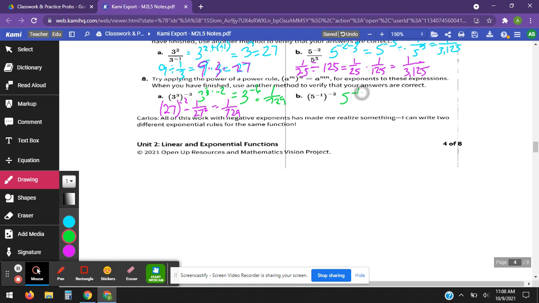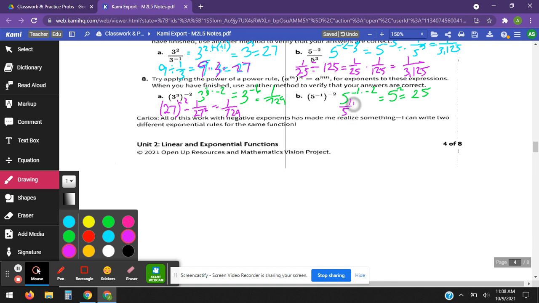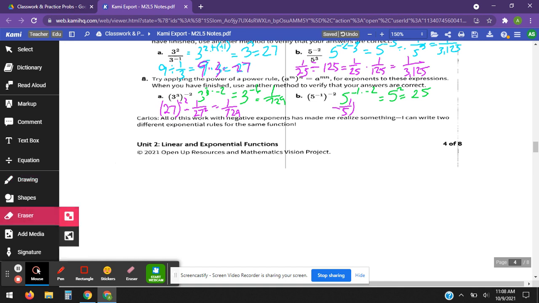Okay, so, wait, this one's supposed to be with the rule. 5 to the negative 1 times negative 2. Negative times a negative is a positive, so 5 squared equals 25. And the next one is 1/5 to the negative 2.